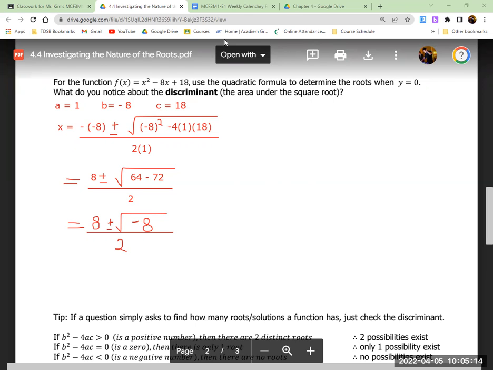That's it. Take a look at the discriminant. This time it's a negative. Like it was said, you can't take the square root of a negative number.